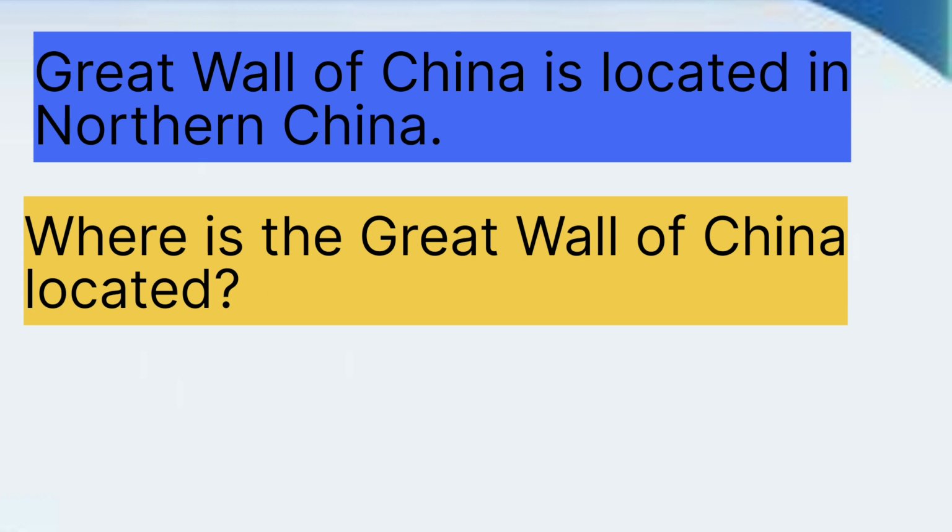Next example: he needs bread. The underlined part is bread. Now, let us frame the WH question. Here, we need to use the WH word what, as what is used to seek information or to know about a specific thing. The main verb, that is needs, is in simple present tense, and the simple present tense auxiliary verbs are do or does.